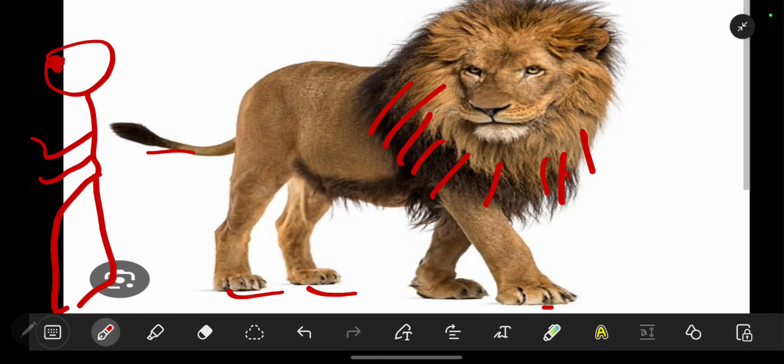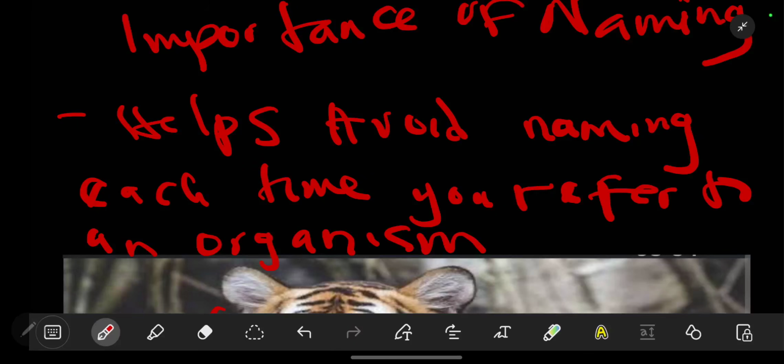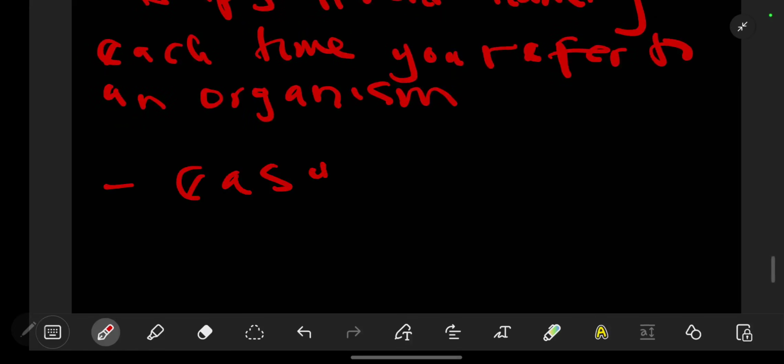So naming helps you avoid describing an organism each time you refer to it. That's the first importance. And also it helps in easy communication in science.